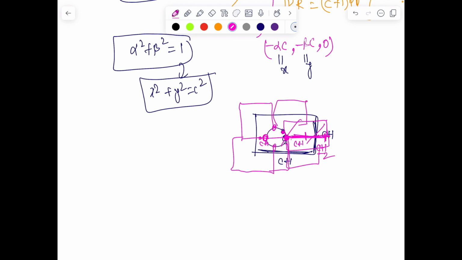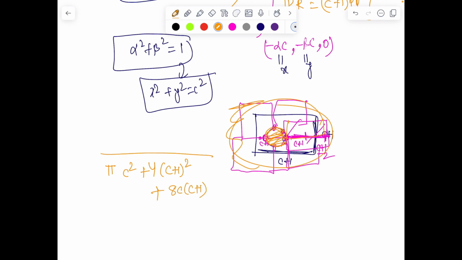Now if we take all these four configurations, you can draw a square, which I want you to do by yourself. And if you see the overlap of all regions, basically you can add the area of this circle with those four squares plus some extra quantity, and that's going to give you a remarkable result, which will come as pi c square plus 4 times, because these are smaller chunks, only 4 times c plus 1 whole square, plus that extra part, which is 8 c into c plus 1.